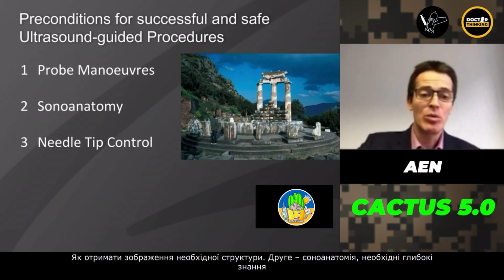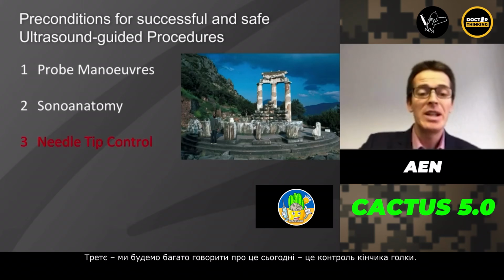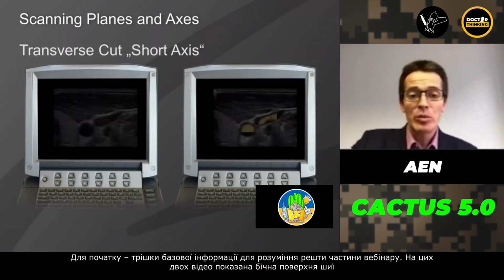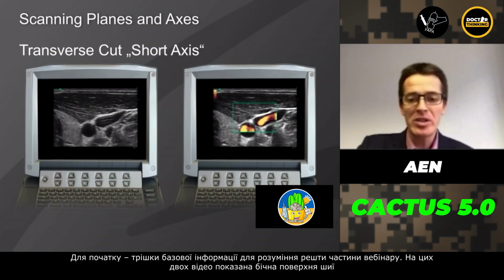And the second pillar is sonoanatomy. So we need to have a deep knowledge of what we are looking at. And the third thing, and this is going to be the major thing we are talking about today, is needle tip control.